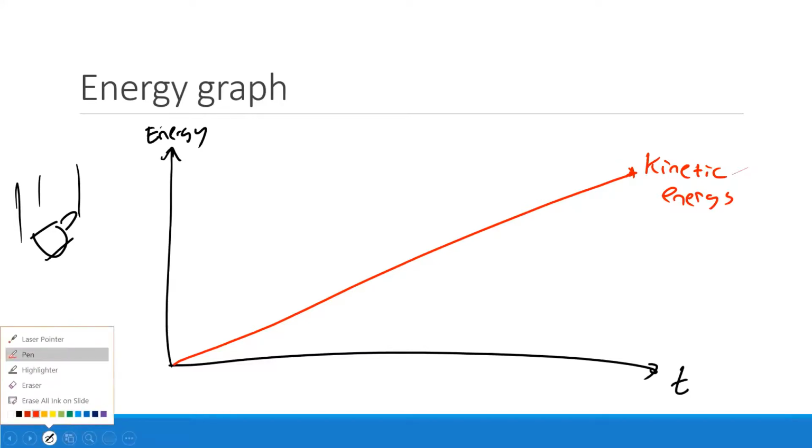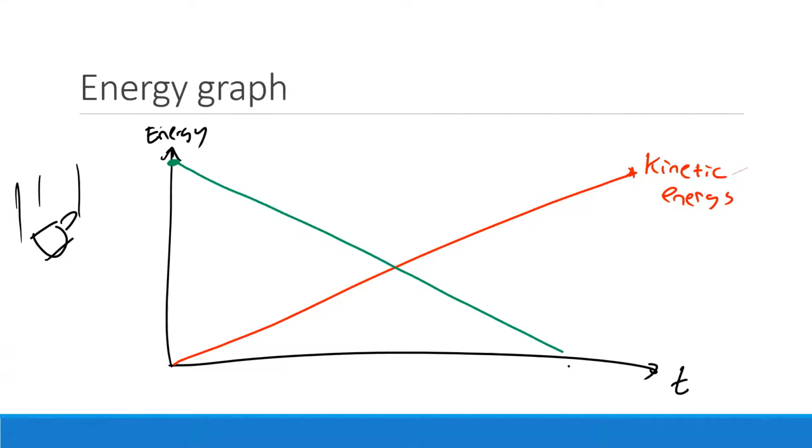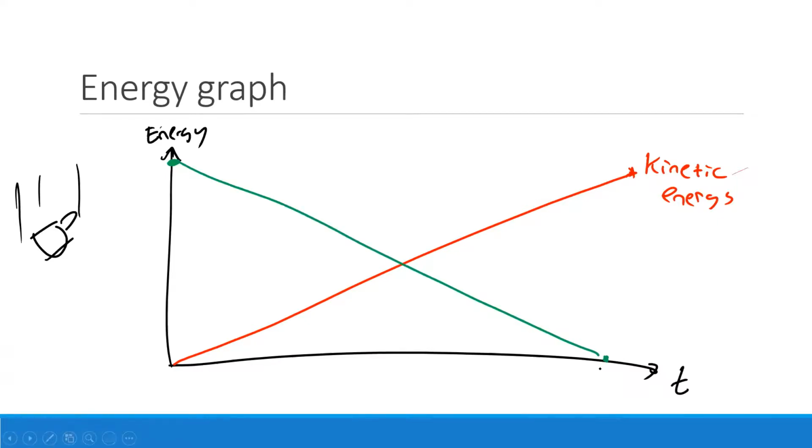But its potential energy is stored up in its height. At the very start, it has a lot of potential energy, but as time goes on, it's going to lose that potential energy. I like this picture because, even though it's just another way to think about it, as the potential energy goes down, the kinetic energy goes up.